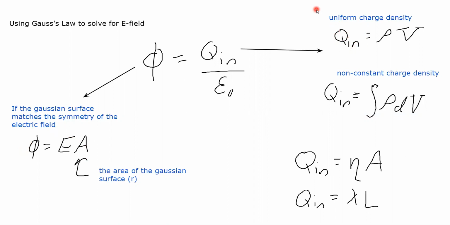Okay, so let's do our first problem, which is just a simple point charge. Now we know the electric field of a point charge, so I'm mostly doing this to see that Gauss's law works, to give you guys the idea behind this with a simple problem, and then we'll increase the difficulty as we go. So a point charge, let me draw that out.